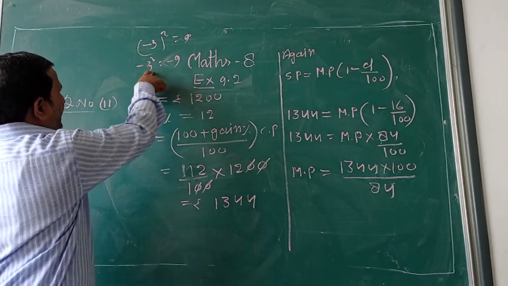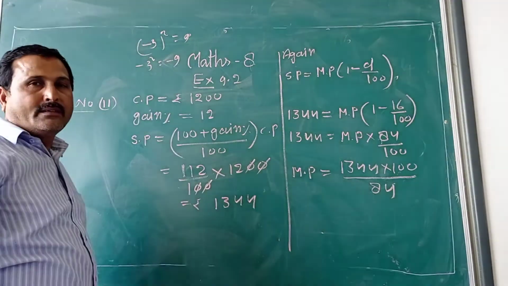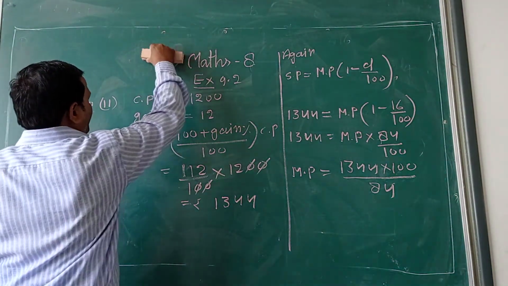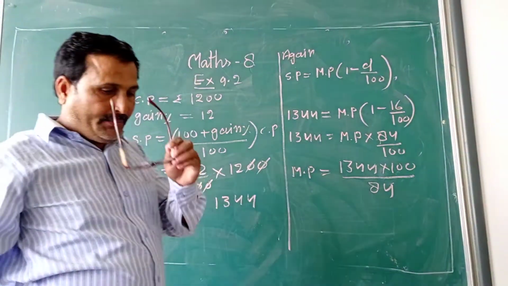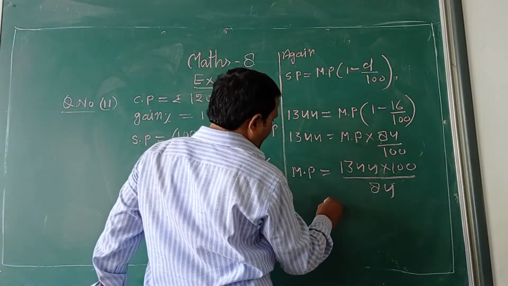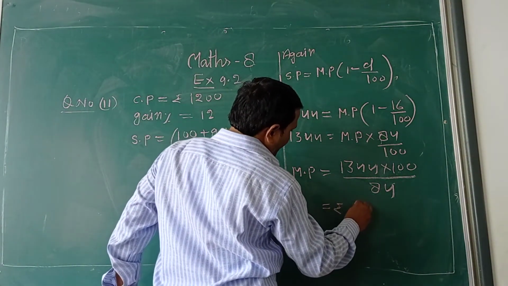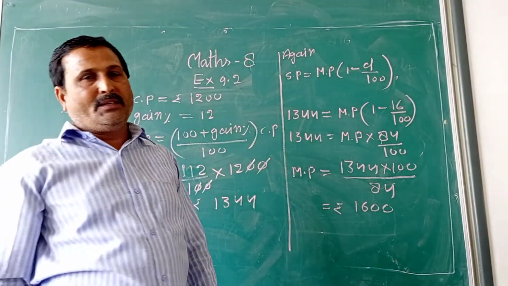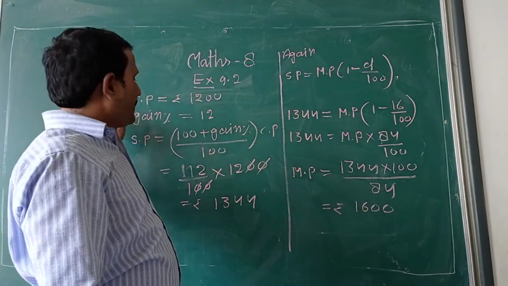You have written minus 3 cube is equal to 9. Next time be careful. So when you simplify, you will get rupees 1600, that will be the marked price. Okay, so this is question number 11.